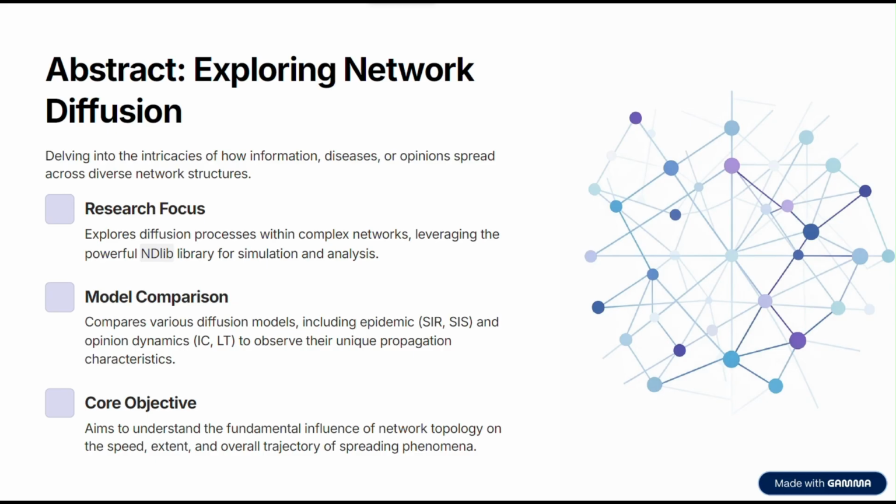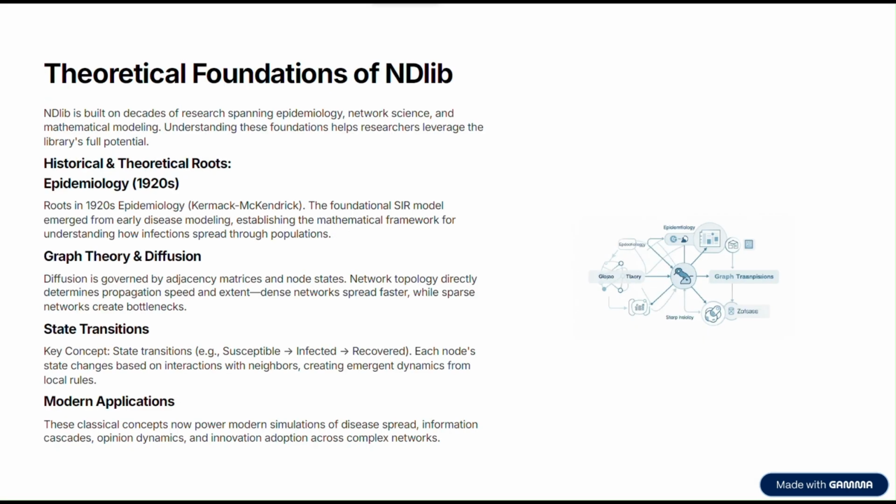In model comparisons, it compares various diffusion models, including epidemic and opinion dynamics, to observe their unique propagation. Its core objective is to understand the fundamental influence of network topology on the speed, extent, and overall trajectory of spreading phenomena.